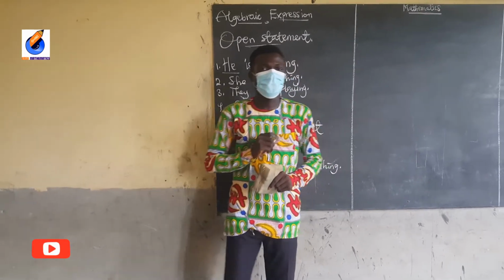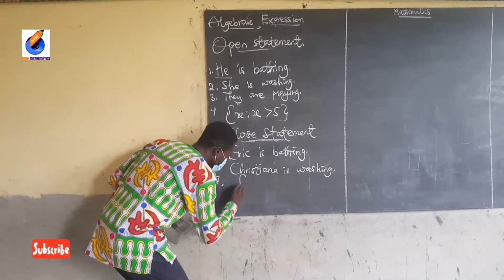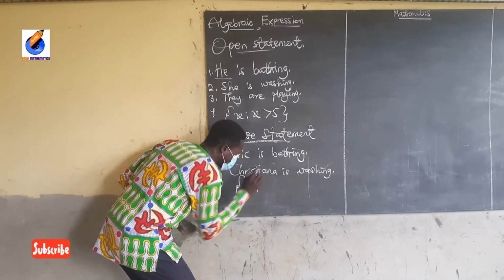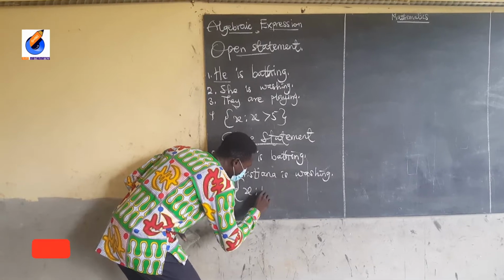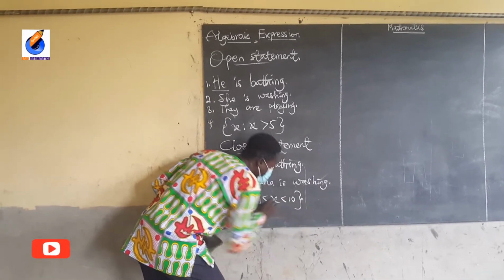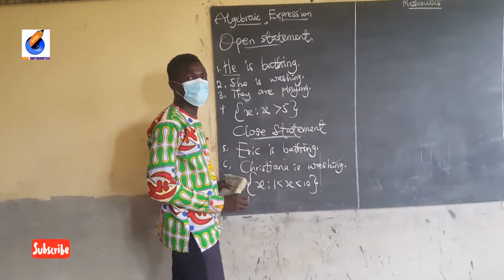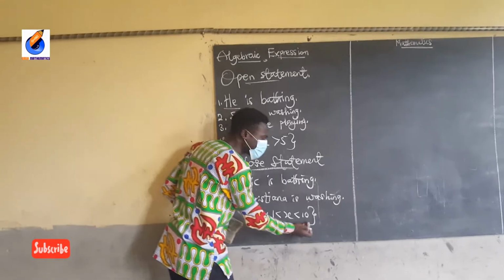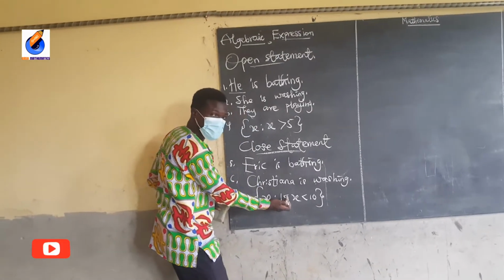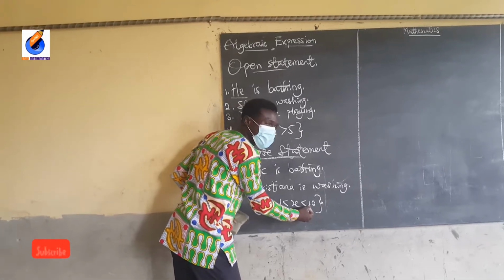Good. Now let's look at the one in terms of sets. If I have the set of x such that 1 is less than x less than 10, this statement becomes a closed statement. Why? Because if I'm listing the members of this set, I will start from 2 and end on 9.